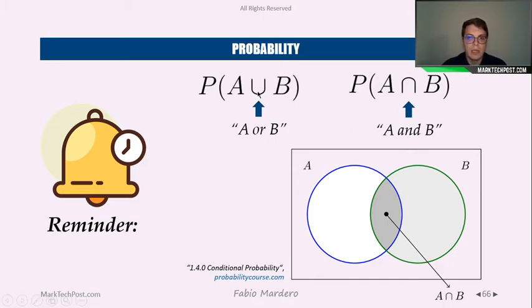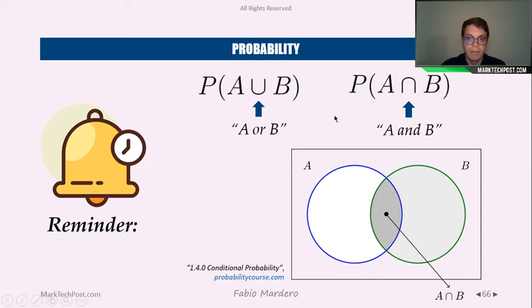When we write the union, it means A or B. We accept both. So we consider what is inside the blue circle and inside the green circle. So it means that A or B could happen.